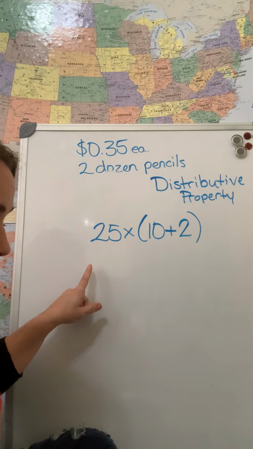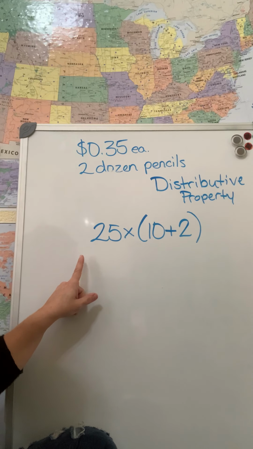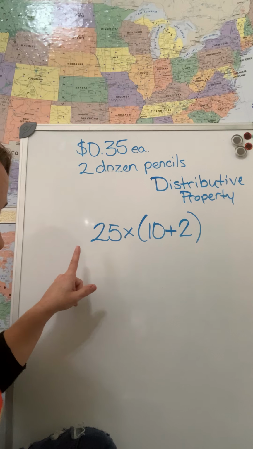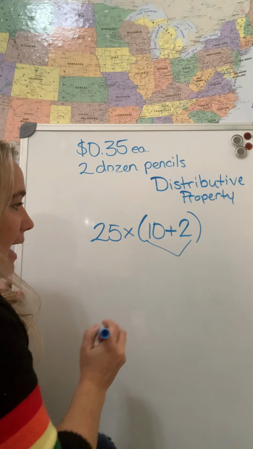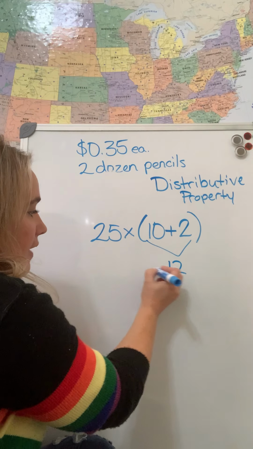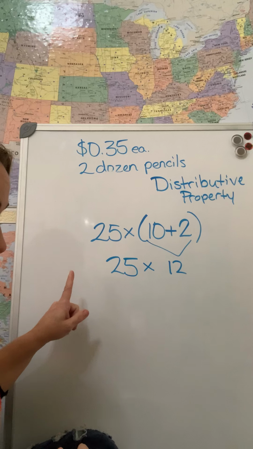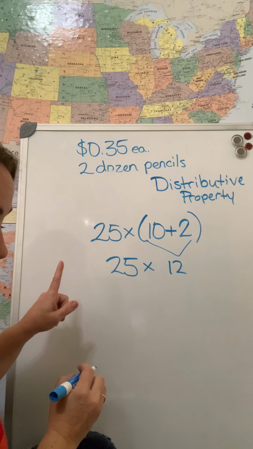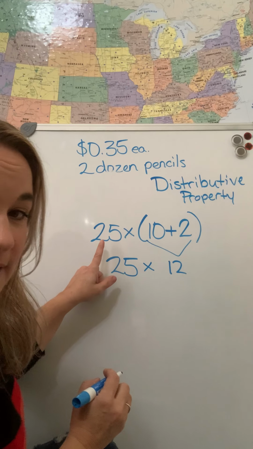According to the distributive property, we have two choices here. Okay? We can multiply a sum. We can find the sum and then multiply. So we could find the sum is 12 and then do our multiplying. Okay? Or choice 2, we can multiply each addend and then add the products.